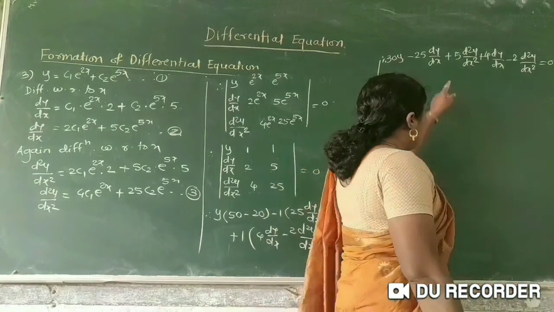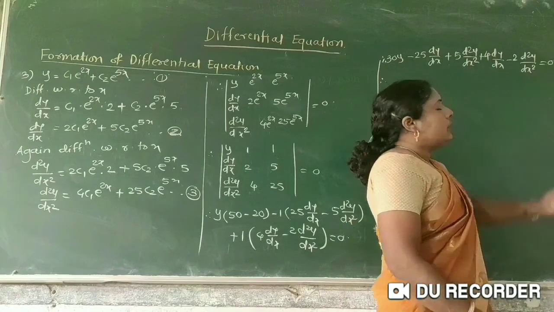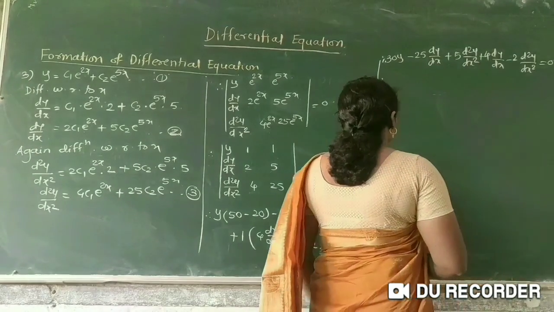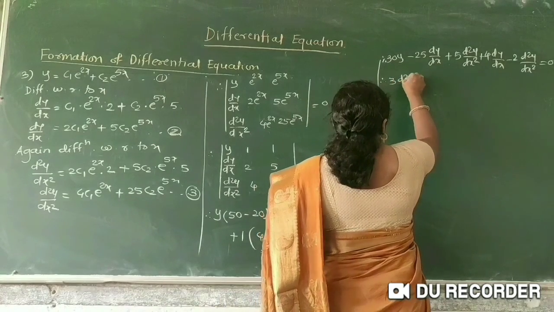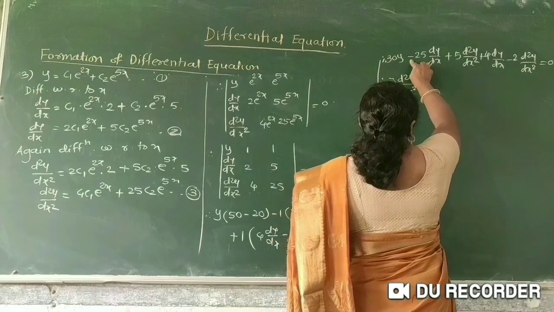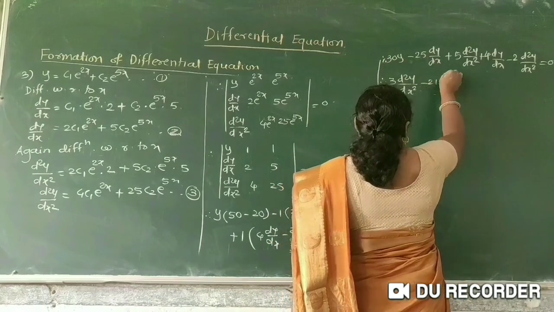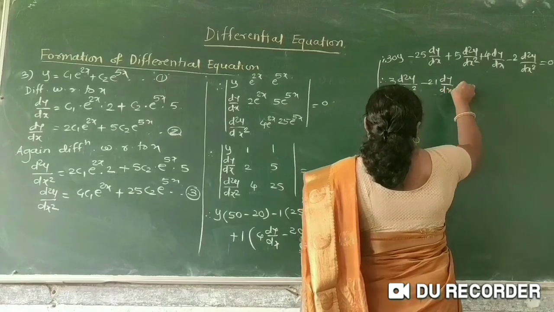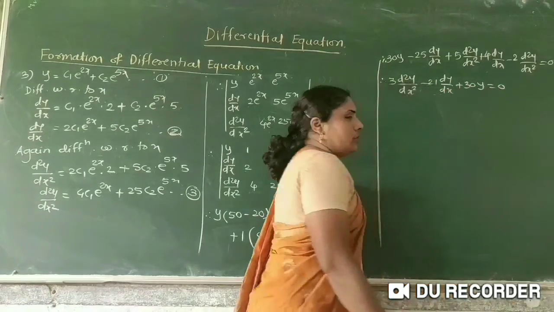Therefore, we get 5 d2y by dx square minus 2 d2y by dx square is 3 d2y by dx square, minus 25 dy by dx plus 4 dy by dx is minus 21 dy by dx, plus 30y is equal to 0.